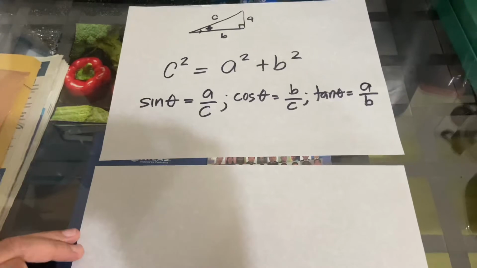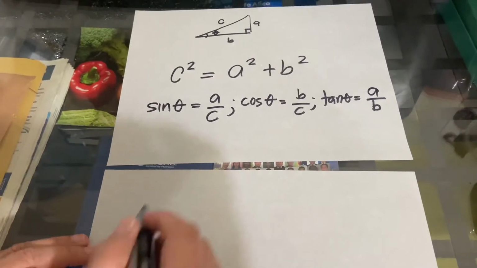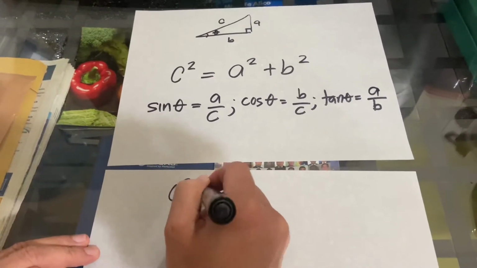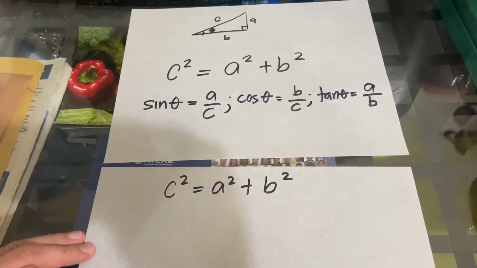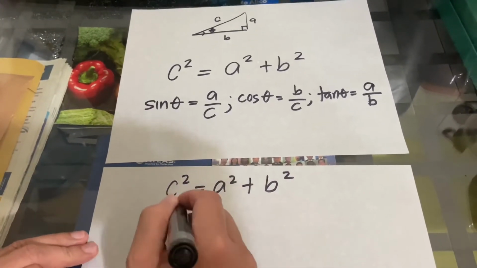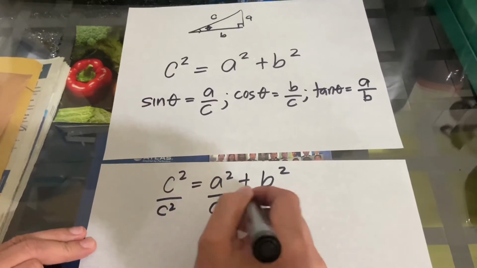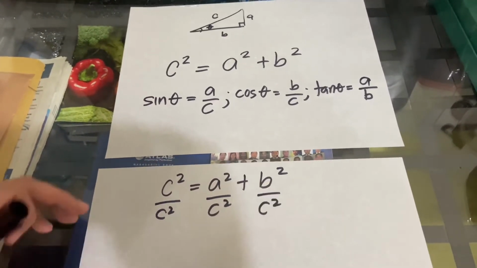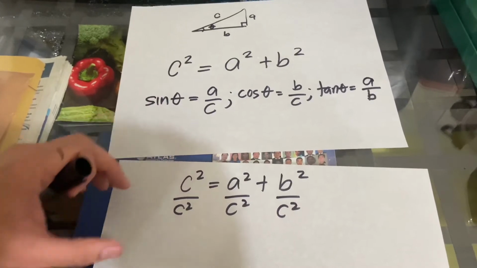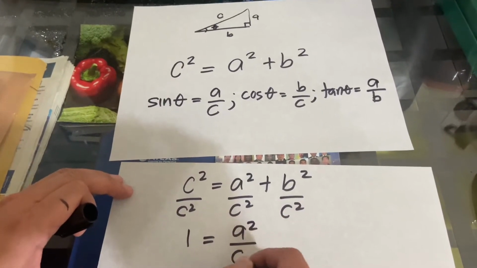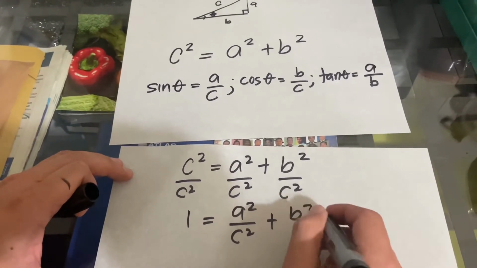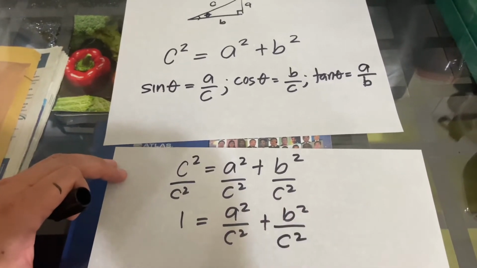We say that c squared is equal to a squared plus b squared. Now, if I try to divide all terms by c squared, you will see that you have c squared over c squared, which is 1, and a squared over c squared plus b squared over c squared.